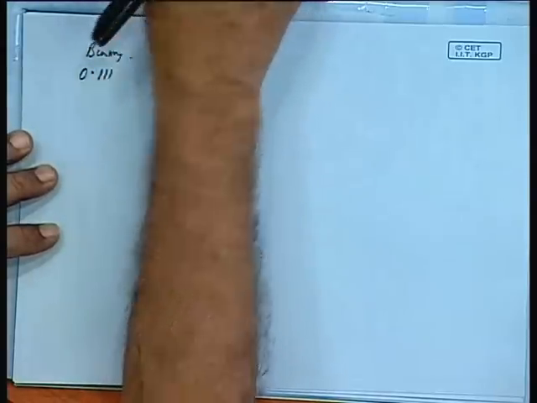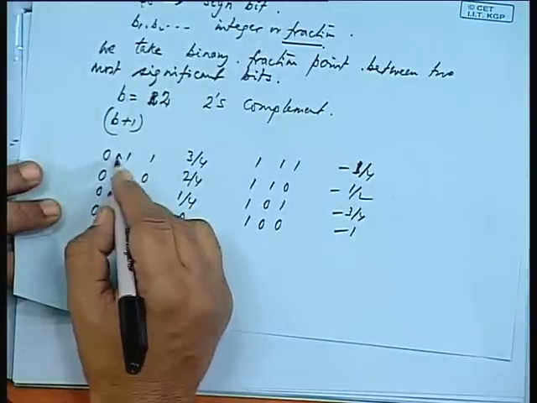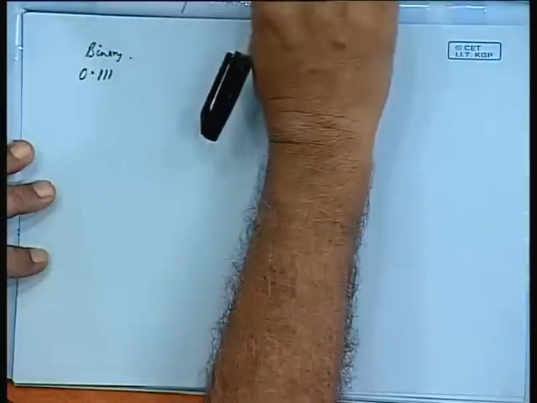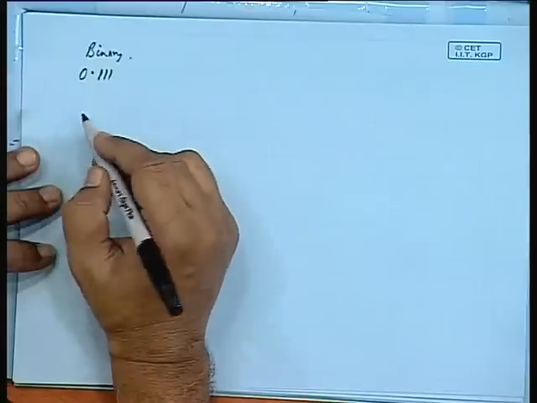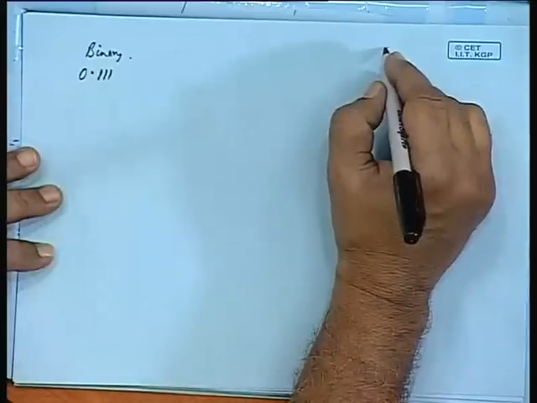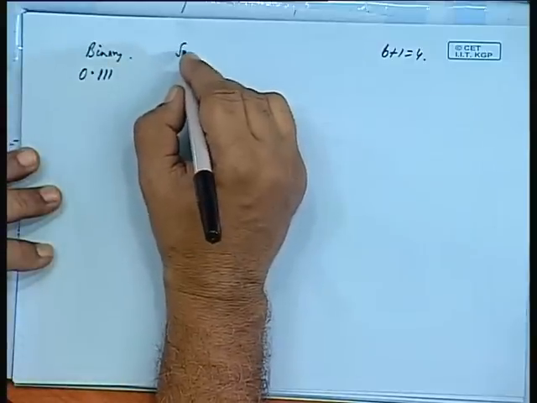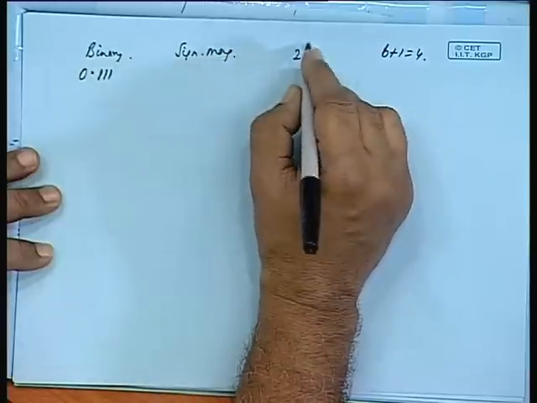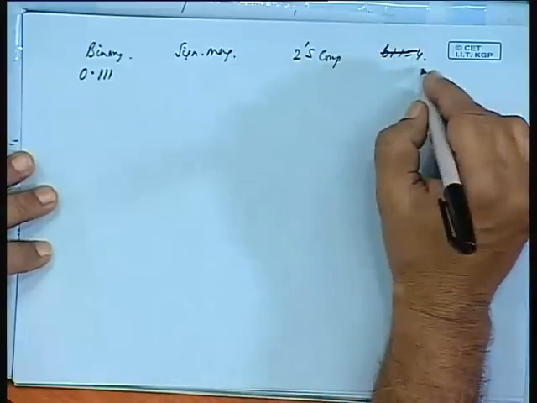I did not show, this is the decimal point. So, similarly, for 3 bits to represent the fraction and 1 bit here, so it will be b plus 1 is 4. So, this is a binary representation. This is the sign magnitude representation. This is 2's complement and this is 1's complement.